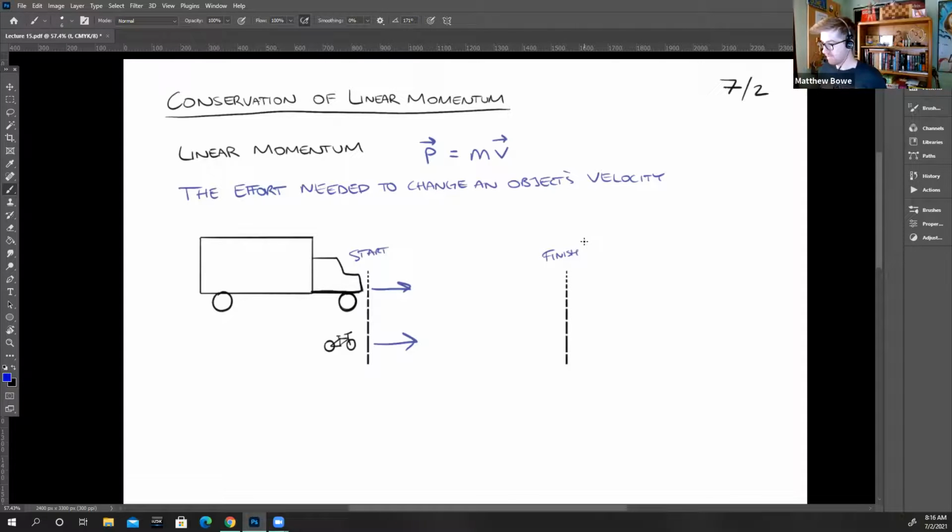The truck has to, we've all seen this at a stoplight. We're behind a large semi truck. It takes a while for it to get going. So you could imagine this situation. It will take a while for this to get up to speed. And then it also takes a while for it to finish.